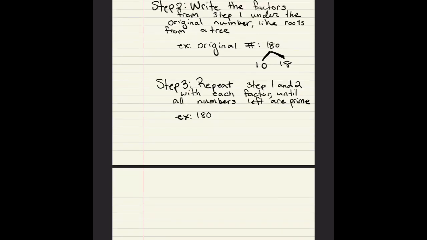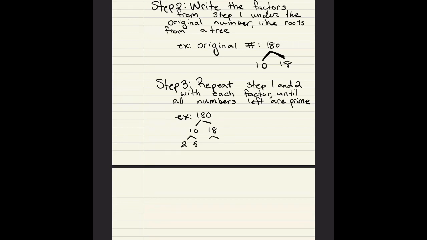Step 3 is to repeat steps 1 and 2 with each factor until all numbers left are prime. So the factors I got out of 180 are 10 and 18. Now my new original number you could say is 10, because 10 is not prime and 18 is not prime.